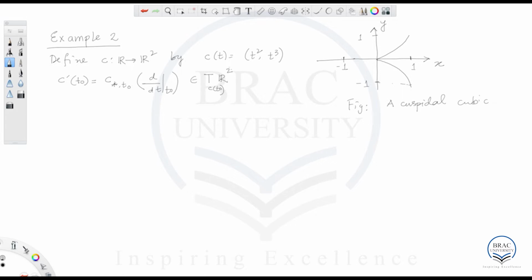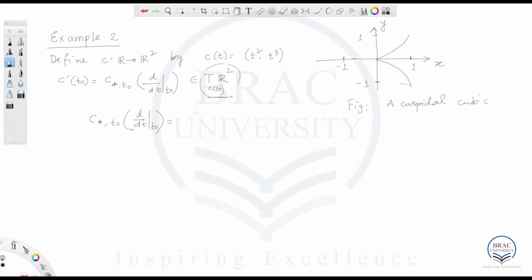Okay, so this is a vector space of dimension 2, and hence C prime at t0, C star comma t0 acting on this tangent vector is going to be a linear combination of the basis vectors in this tangent space.